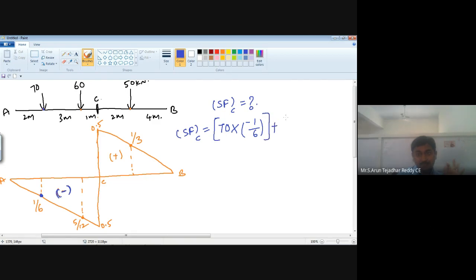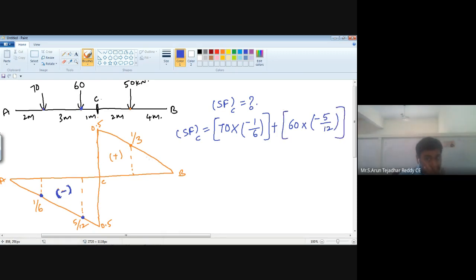Next, plus the next load is 60 kilonewton. So 60 into, it should be multiplied with the ordinate that is under the load. Here we have 5 by 12, but it is a minus ordinate. So minus 5 by 12.